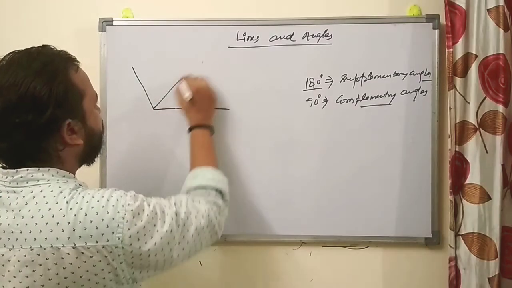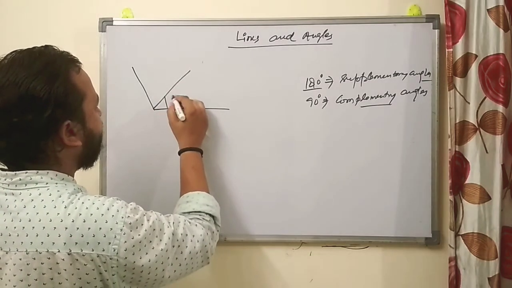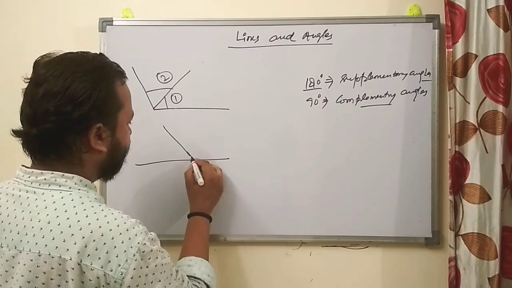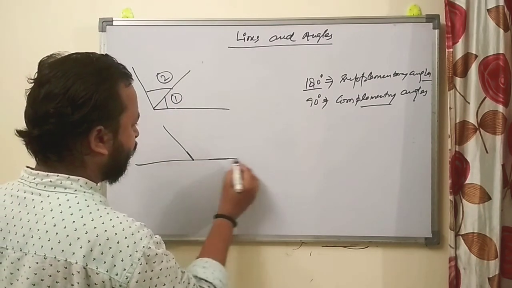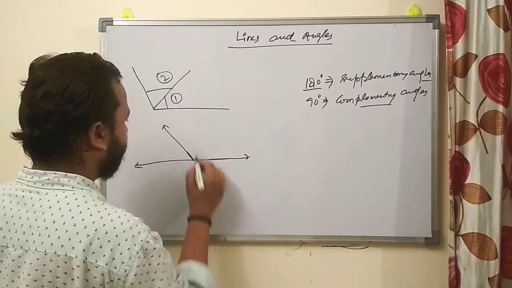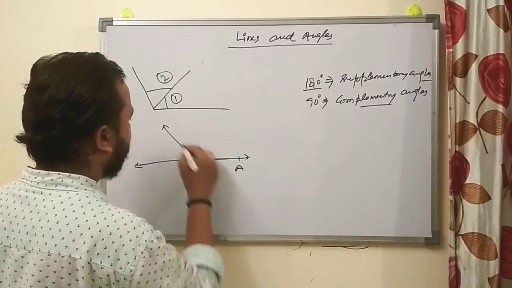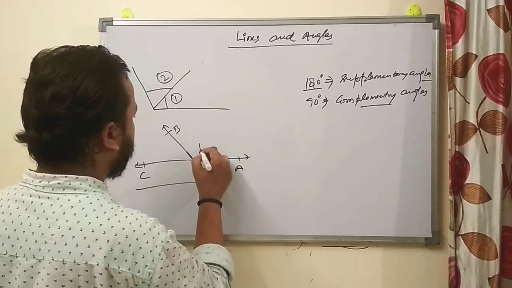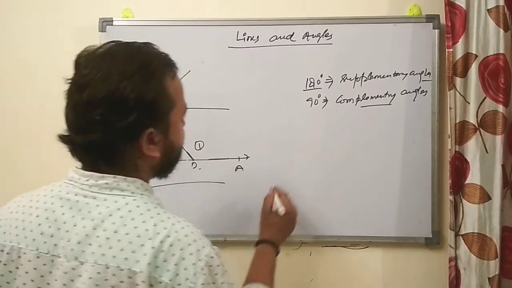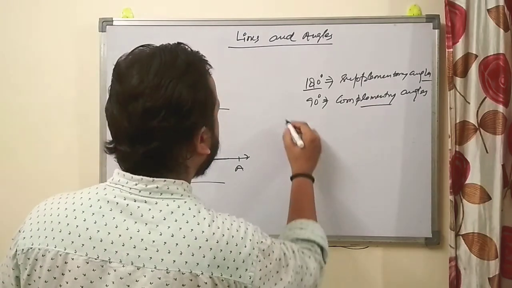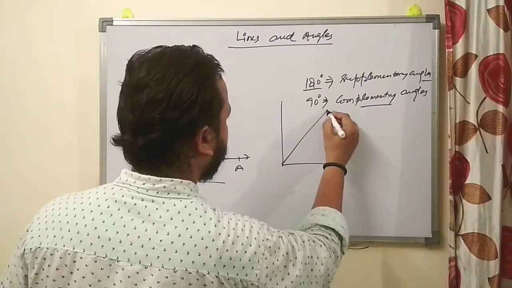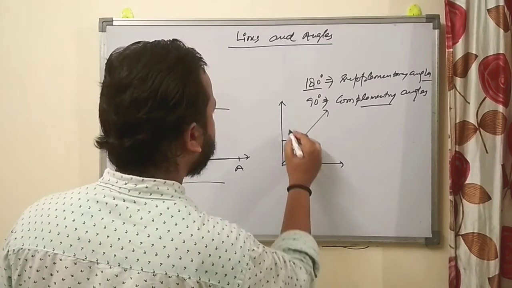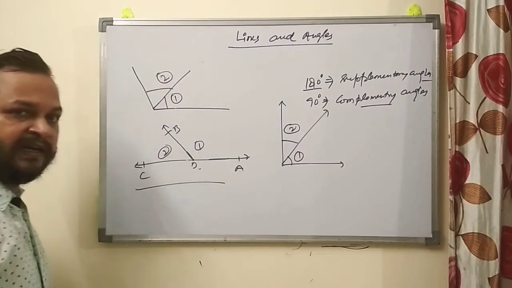Suppose this angle 1 and this angle 2 are also adjacent here. If you make two angles AOB, BOC, these two angles, suppose 1 and 2, they are also adjacent, right? Suppose you make this type of complementary, this is also known as adjacent angles, right?